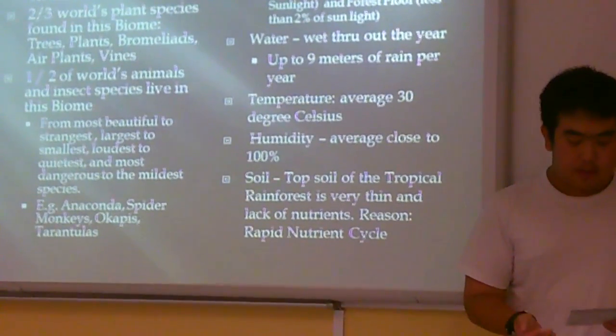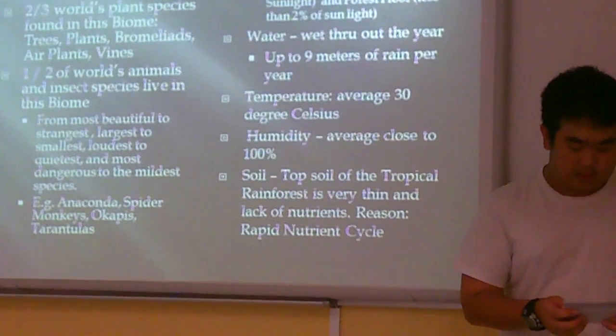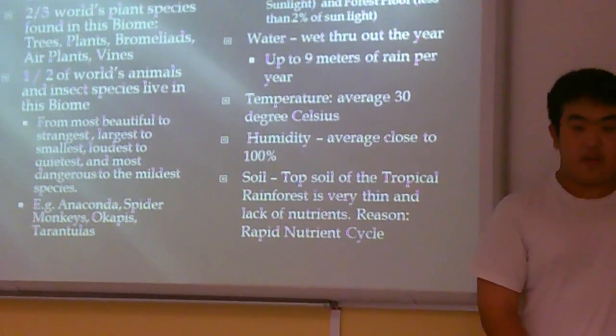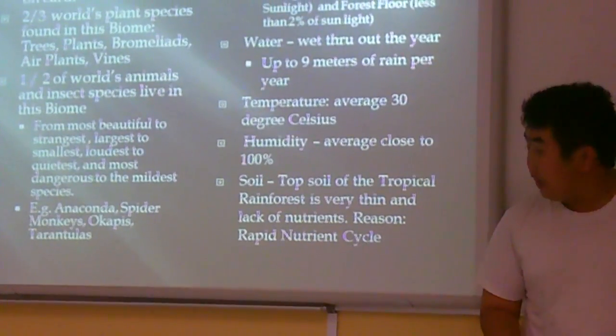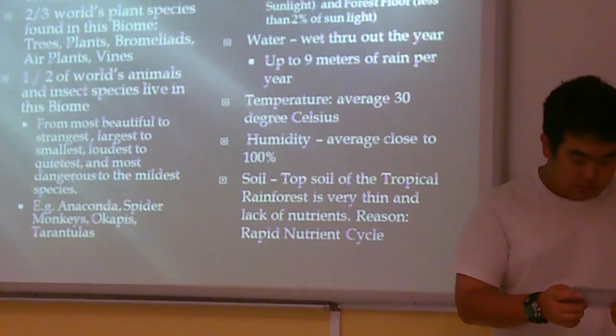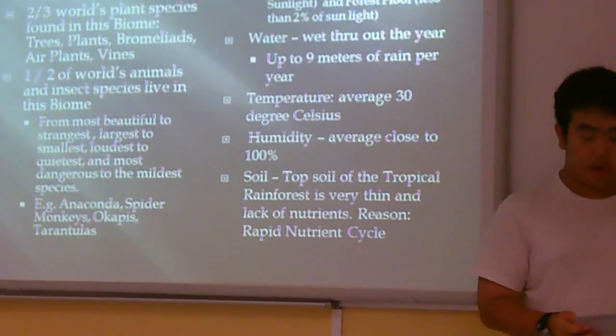For example, the trees, plants, and other parts like the ferns. Half of the world's plants and insects live in the rainforest. And the abiotic factors are the sunlight, the water, temperature, and humidity, and especially soil.